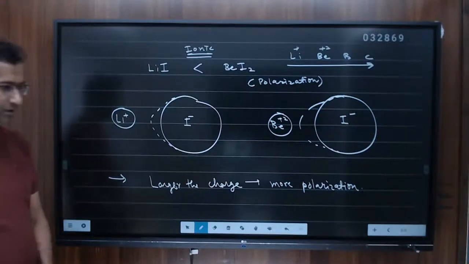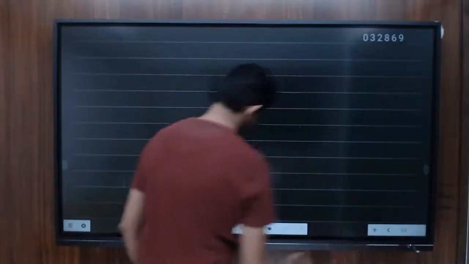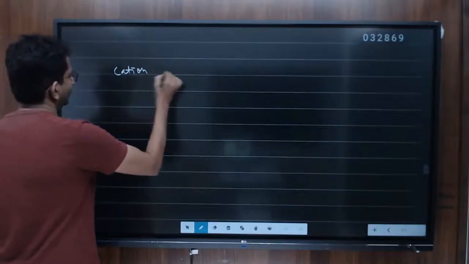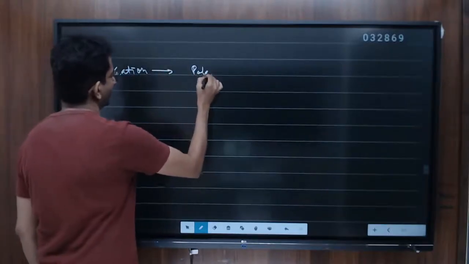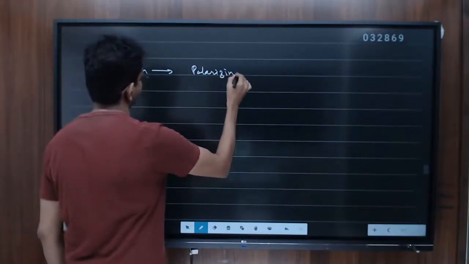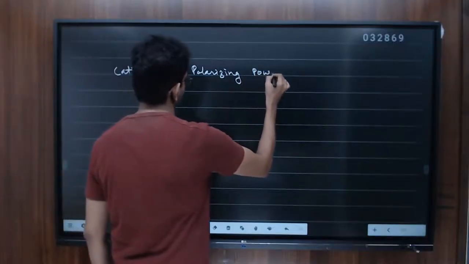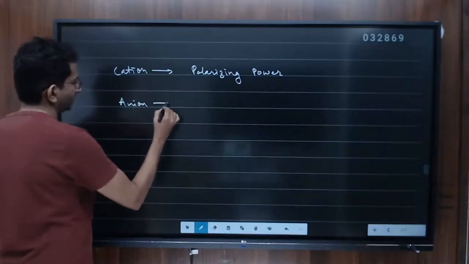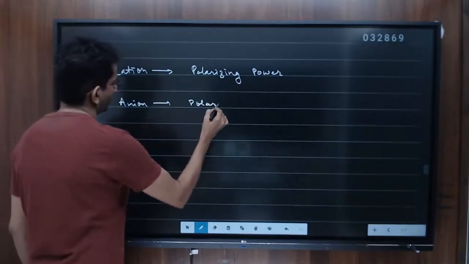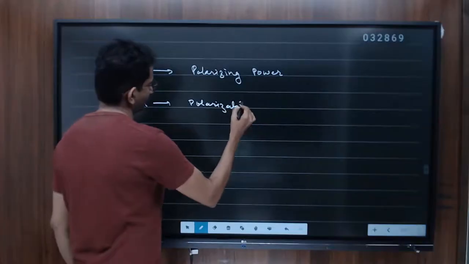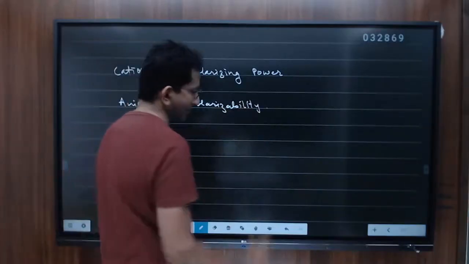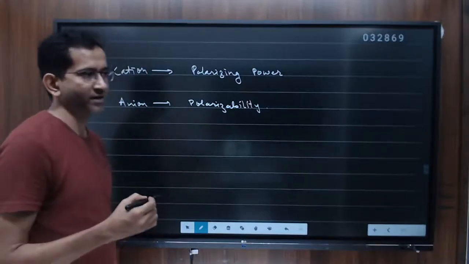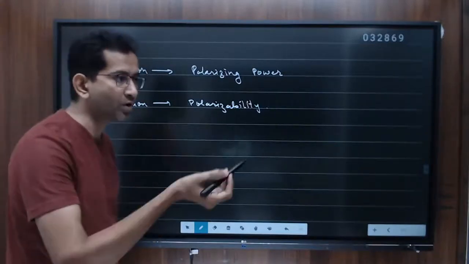Done? Cation has polarizing power, and anion has polarizability. You should remember this word. Anion undergoes polarization and cation does polarization.